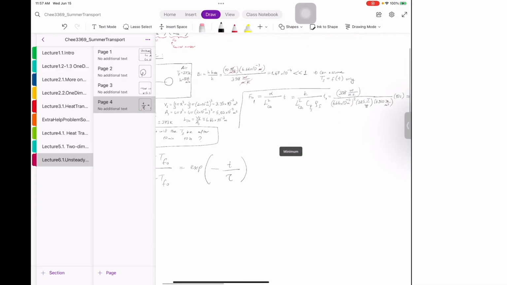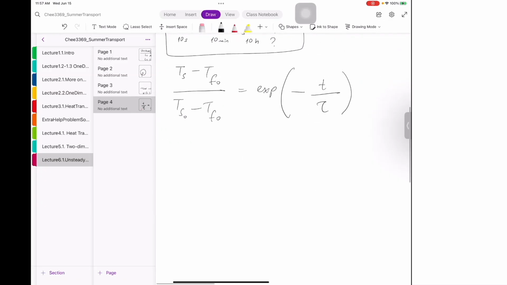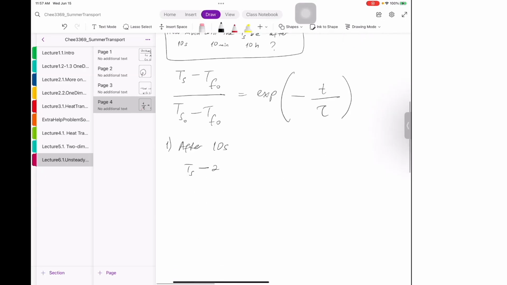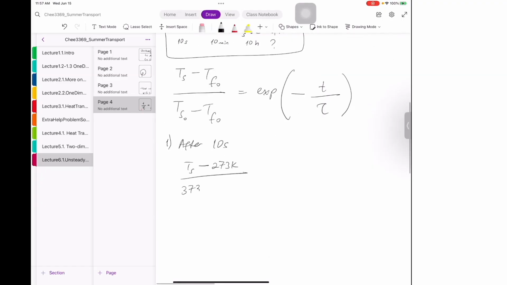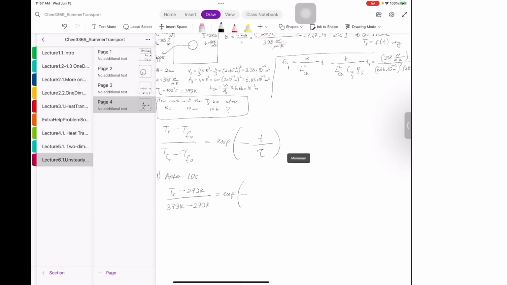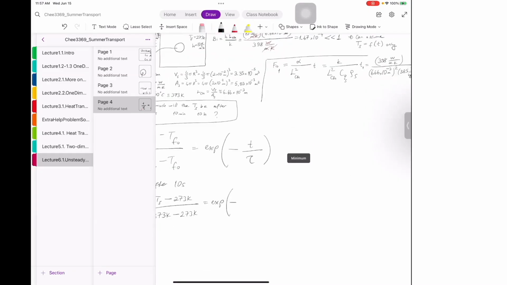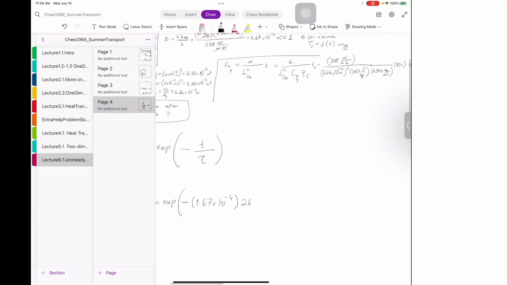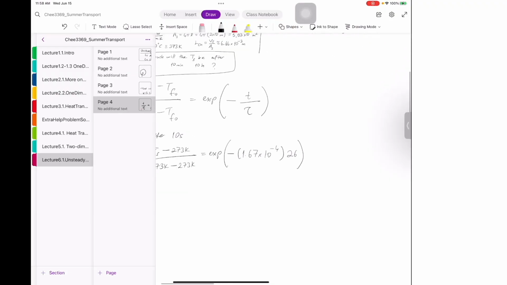And so for the first case, after 10 seconds, Ts minus Tf0 over Ts0 minus Tf0, which is Ts minus 273 Kelvin divided by 373 Kelvin minus 273 Kelvin, is equal to exponential minus the Biot number times the Fourier number. The Biot number we found is 1.67 times 10 to minus 4, times the Fourier number, 26.